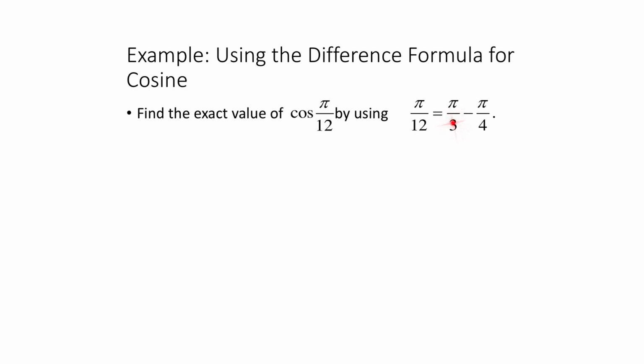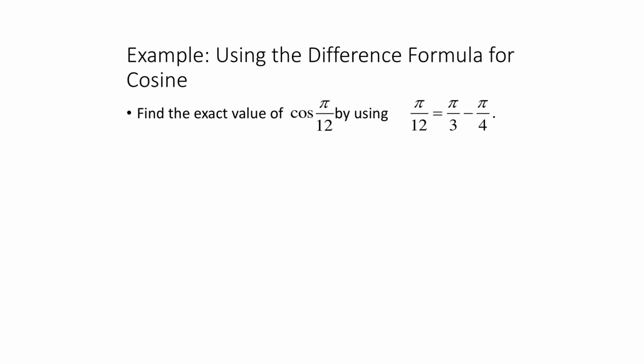We wouldn't have any that would be a sum to 15, because we don't have any special angles that are less than 15. However, there could be a difference that takes us to 15. Pi over 3 is equal to 60, and 60 minus 45 gives a difference of 15 degrees. We could also do this as 45 minus 30, which would also give a difference of 15 degrees.